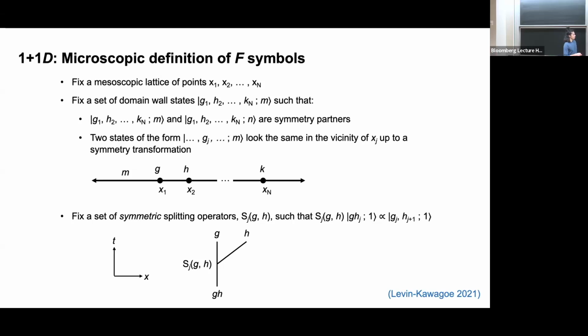So each splitting operator is associated with a pair of group elements as well as an index J. And the basic idea is that Sj of G and H will take a state that has a domain wall type GH at point xj, and it will map it to a domain wall state where there's now a G-type domain wall at point J and an H-type domain wall at point J plus 1.